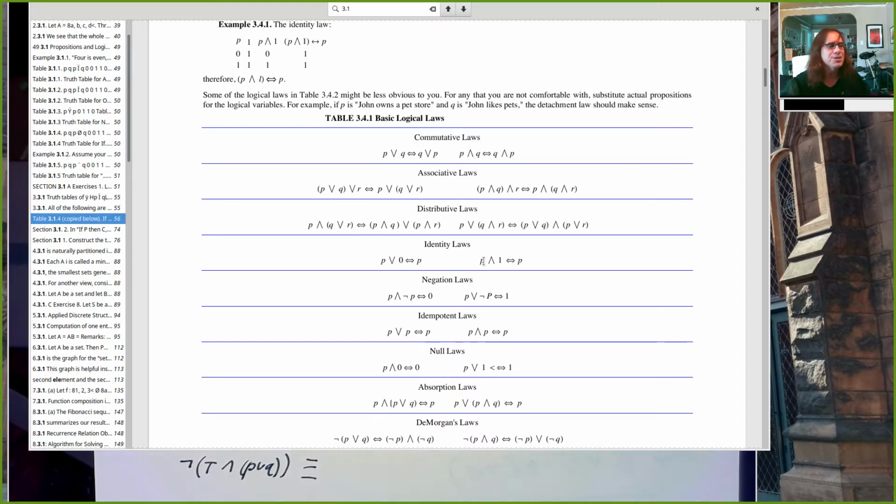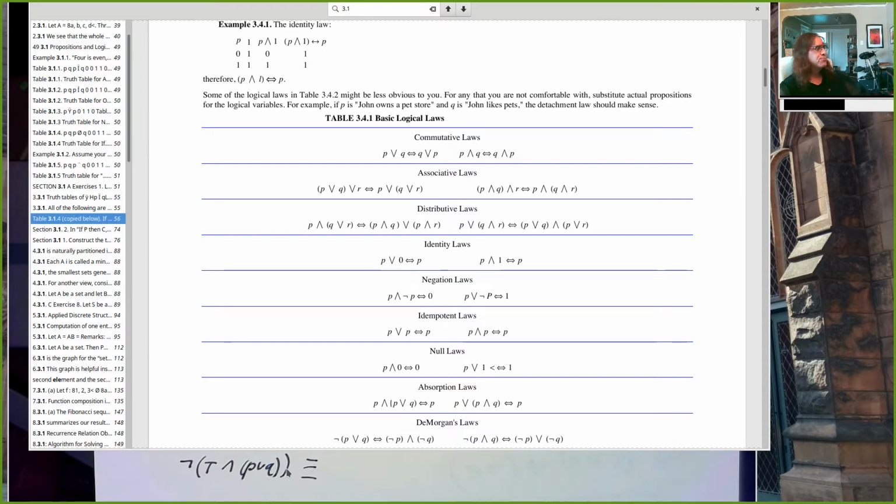But there's one trick here. If I'm playing mean teacher today, the identity law says something and true is the same as something, but we don't have something and true. What we have is true and something. So being really technical, we can't apply the identity law as it's written to this expression.